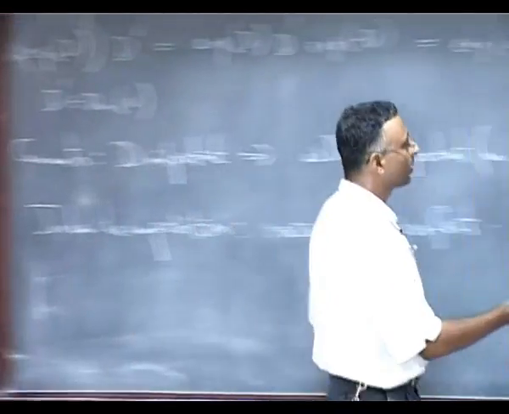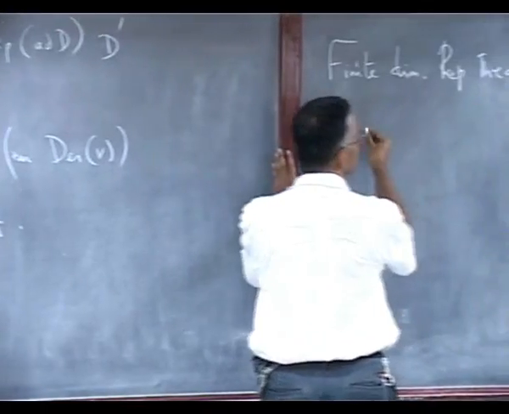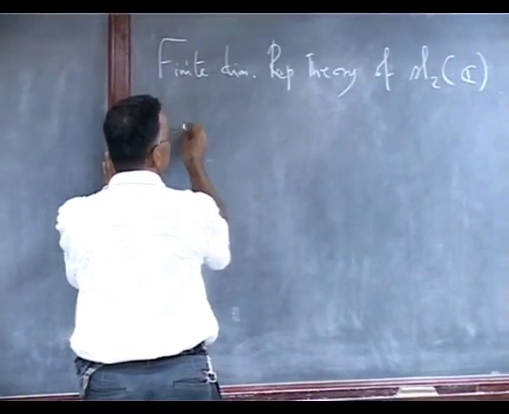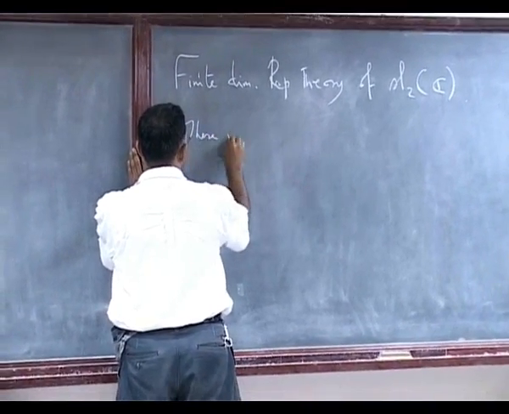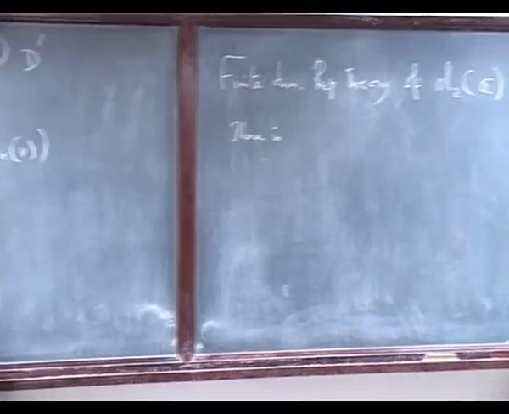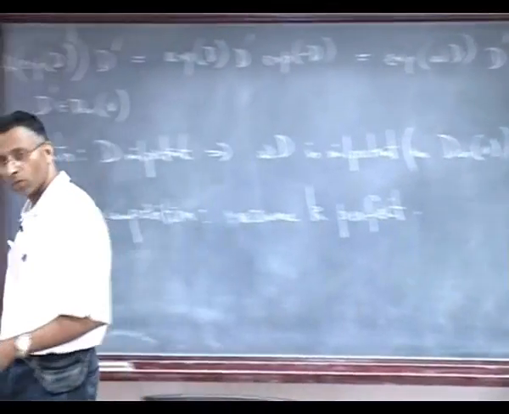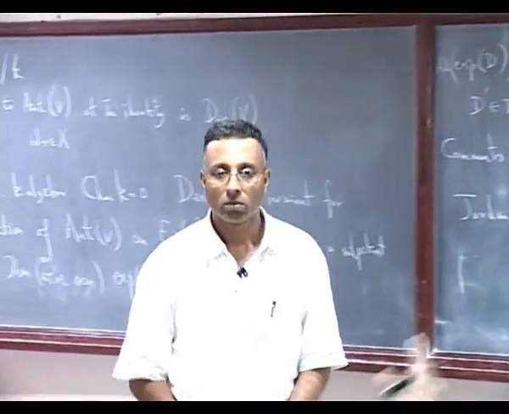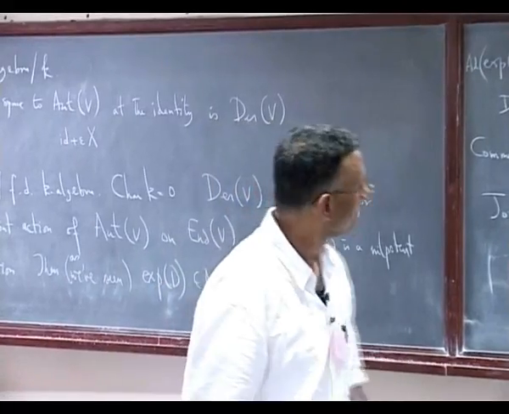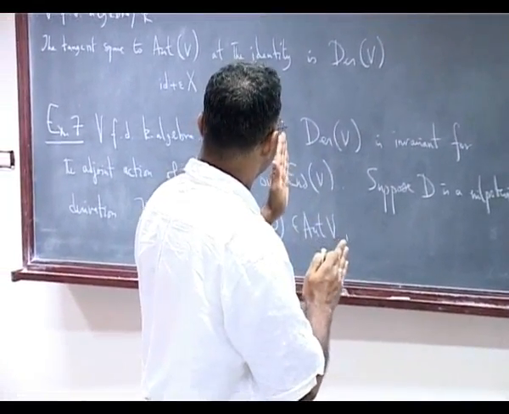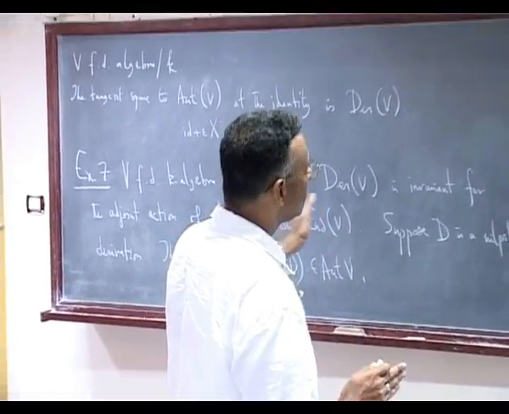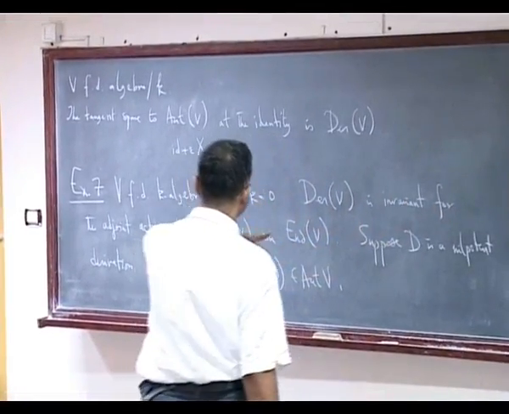Okay, so there is... Yeah. See, no, let's think like this. D is an element of the Lie algebra derivative.